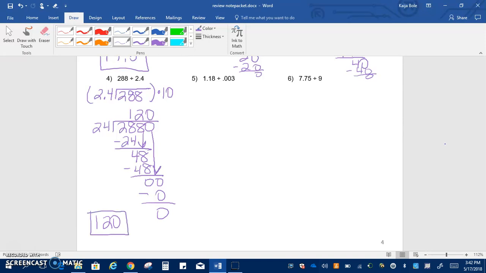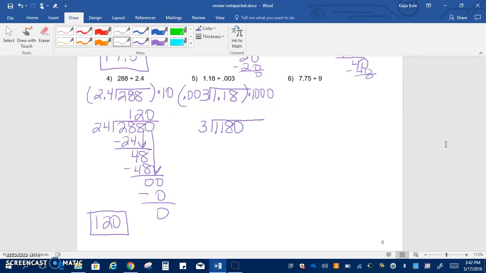Same thing here on number 5, so you want to set it up to start with. So my 1.18 goes on the inside, my 0.003 goes on the outside. Now here I need to move that decimal spot 3 places, so that means I need to multiply by 1,000. So then if I reset it up, I'd have 3 on the outside, and on the inside I'd have 1,180.